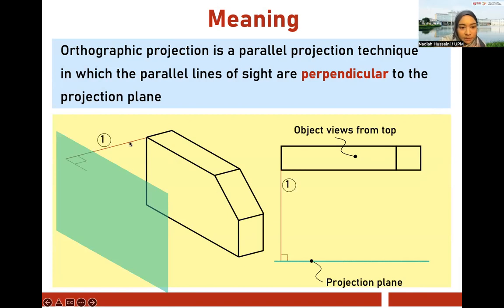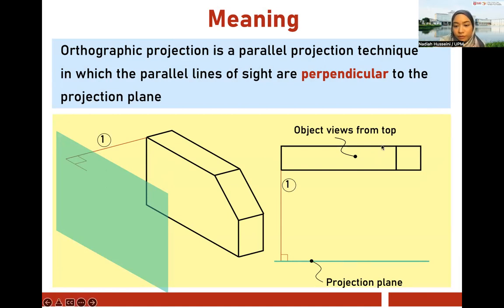Nampak, line of sight is perpendicular to the plane. Apa maksud perpendicular? 90 degrees, right angle. So again, this is your line of sight. This is your plane. What's the angle between the line of sight and the plane? 90 degrees. So this is orthographic projection ataupun parallel projection lah.